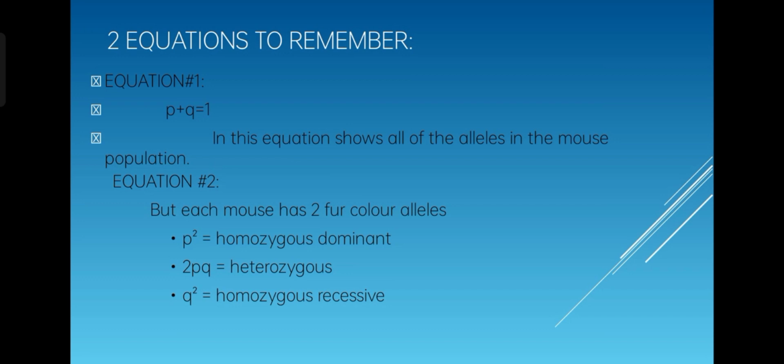This equation shows all of the alleles in the mouse population. Equation 2. Each mouse has two alleles. Then p squared equals homozygous dominant, 2pq equals heterozygous, and q squared equals homozygous recessive.